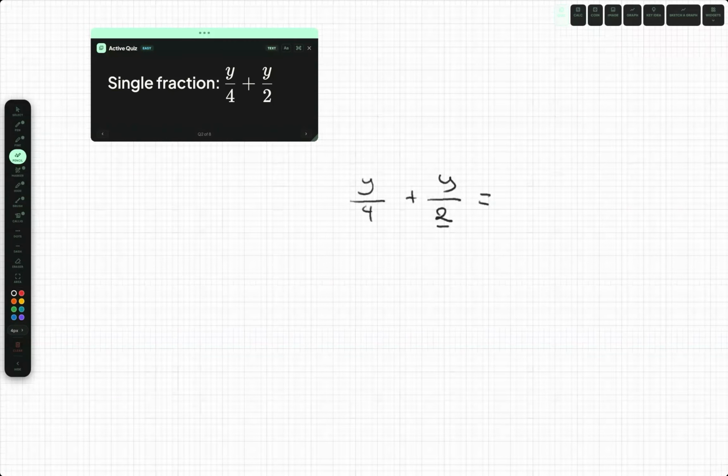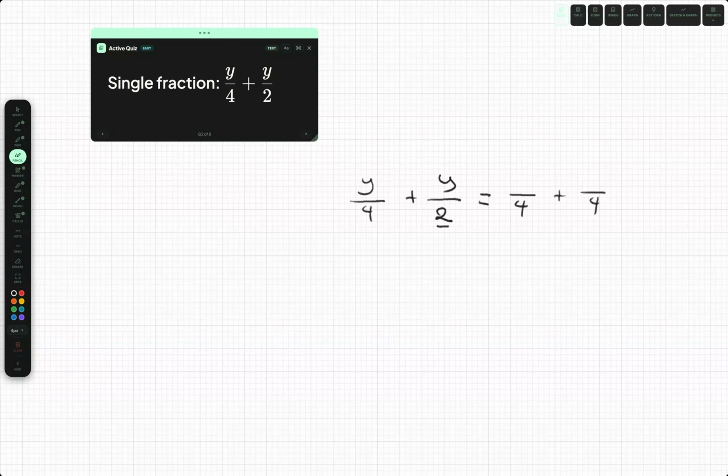But you can also multiply the two of these together as well. It's really up to you how you want to approach this. One will just result in less simplification at the end. So if we just recognize that we have a common factor that can easily be achieved by having this be something over 4 plus something over 4, and because this is already over 4, we just leave it.